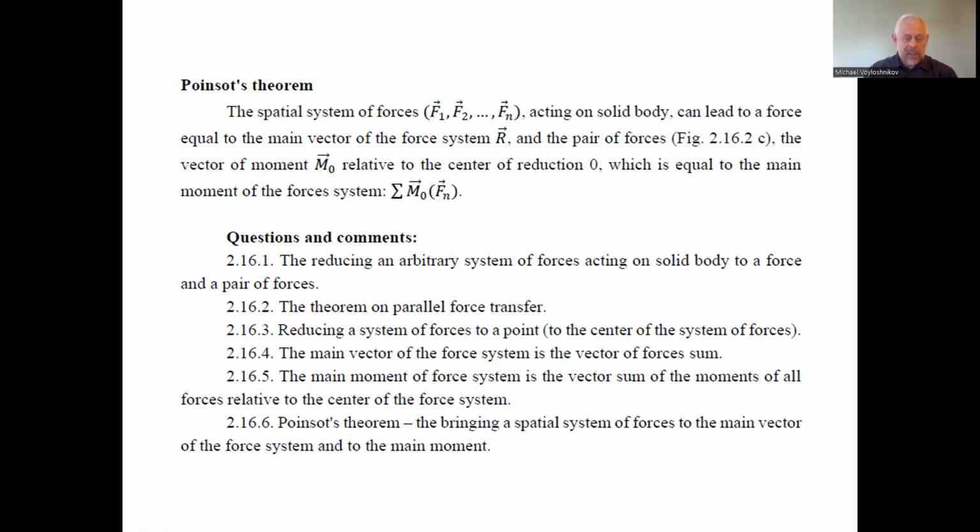Besides that, when transferring each of the forces to the common point of reduction of the system of forces, we put at the point of reduction a couple for each of the assigned forces: one force parallel to the assigned one, applied to the point of reduction, and another one of the opposite direction.